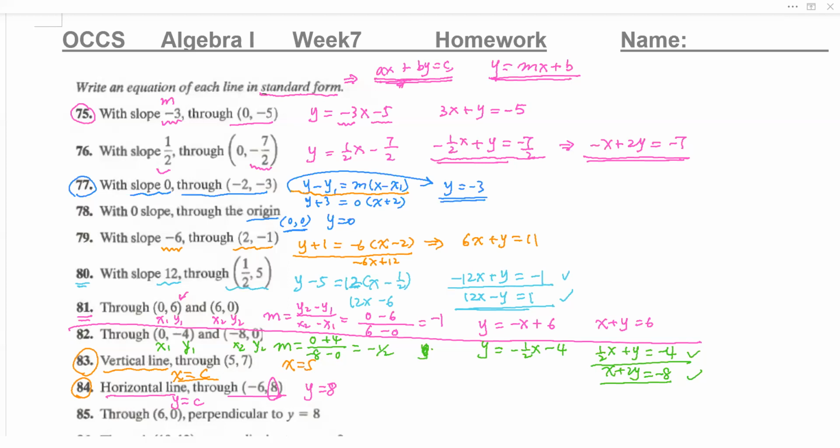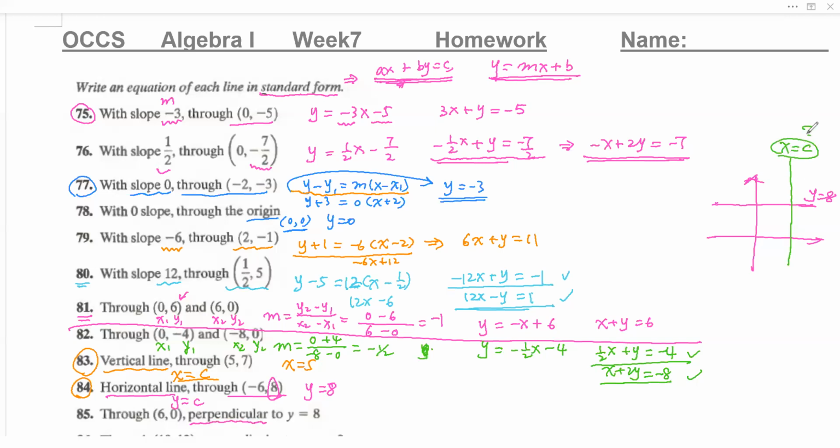All right. So a little bit challenging for the 85. Perpendicular. Let's talk about perpendicular. The path passes this dot, perpendicular to y equals 8. We're talking about a special line, a horizontal line, y equals 8. The perpendicular to this one is a vertical line, so x equals a constant number, right?